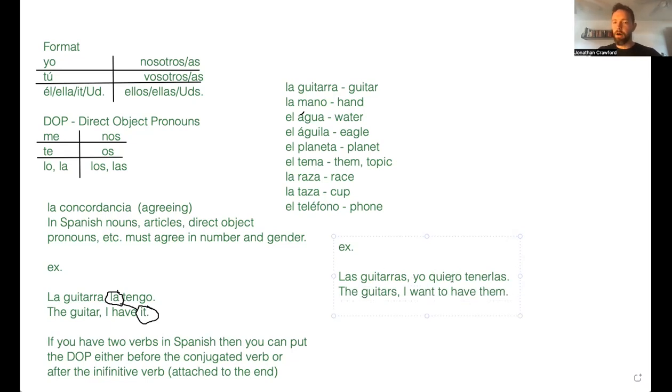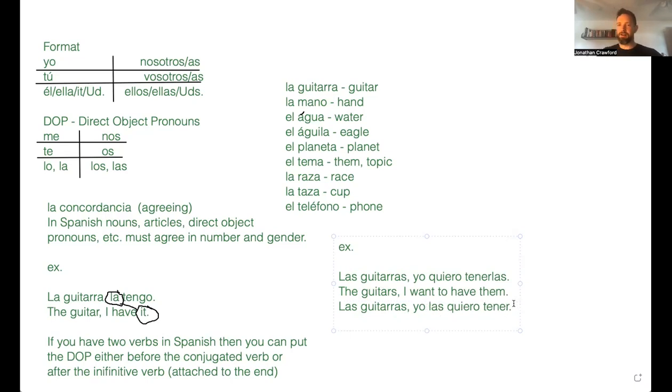Now, you can also put this las right here. You can have it attached to the infinitive form of the verb, at the end of this last verb, or you can put it before the conjugated verb, which would get you this. Yo las quiero tener.